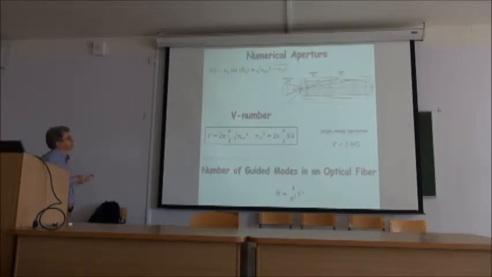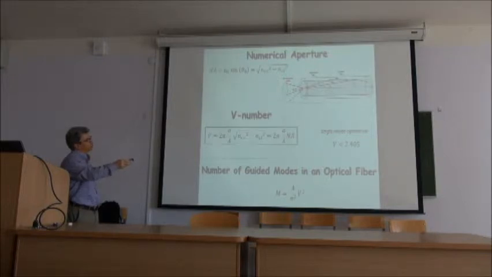Another characteristic that's important to know about fibers is what is known in the literature as numerical aperture. This is nothing else than the angular range within which you can send a ray of light in order to still guide it on the structure.